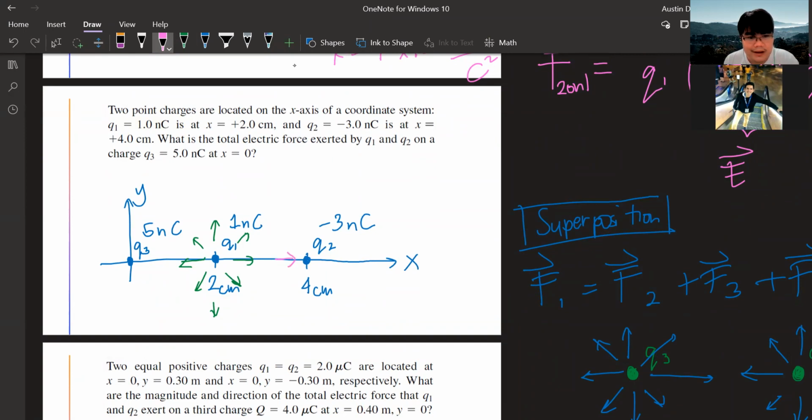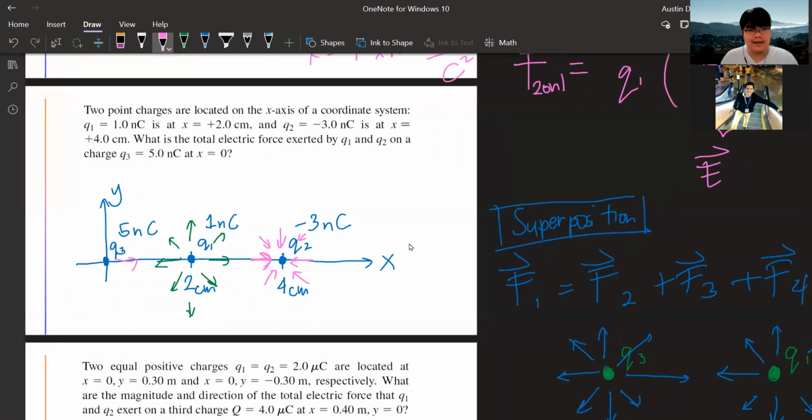So, this guy is attracting everything inwards. So, what force does it cause on Q3? That's plus x hat. Plus x hat. Got it? Because here, looking at the direction, it would attract. So its long range effect would be dragging Q3 to the right.